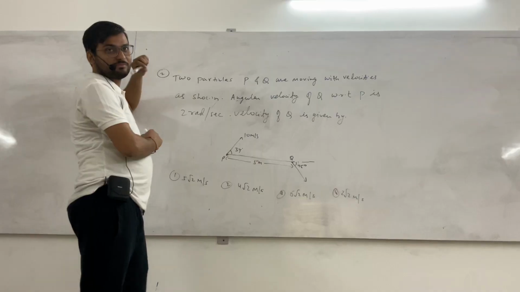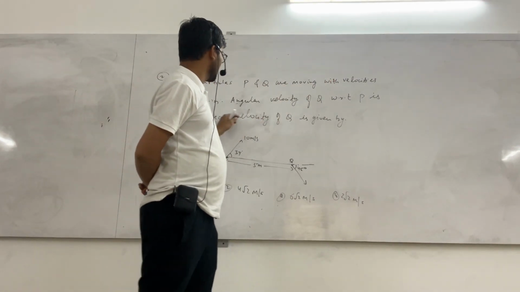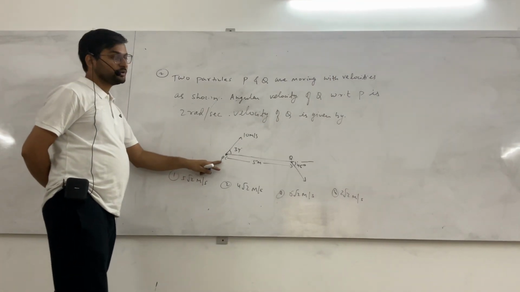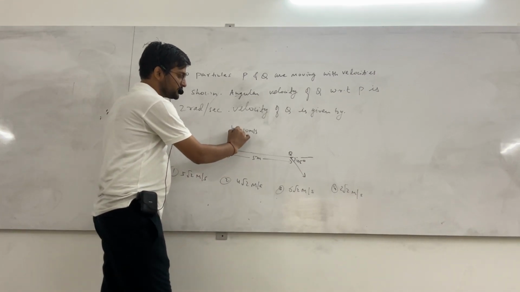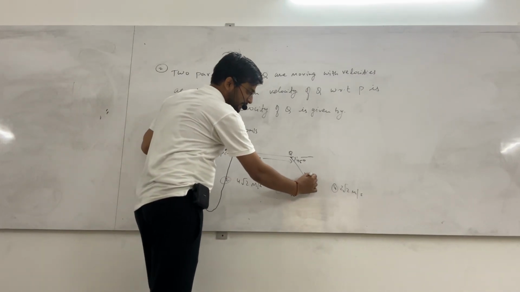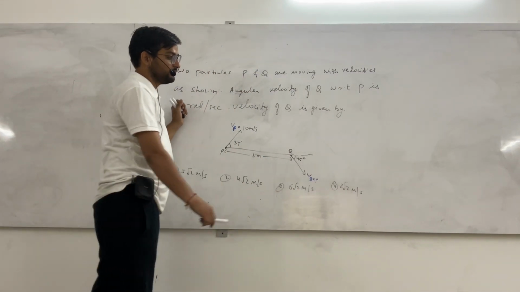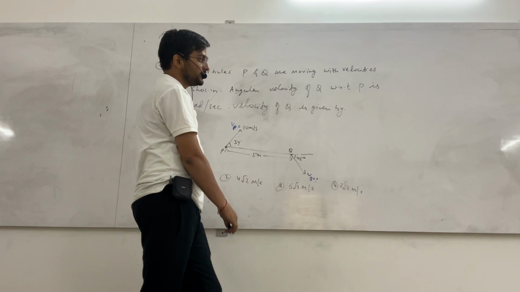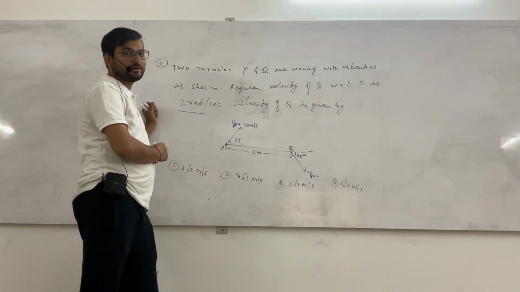Okay. So in this question, the two particles P and Q are moving with velocities as shown in the figure. Suppose this is particle P, whose velocity is 10 meter per second, and what is the velocity of Q? In this question they want to know the velocity of Q. They said that the angular velocity of the particle is 2 radian per second.